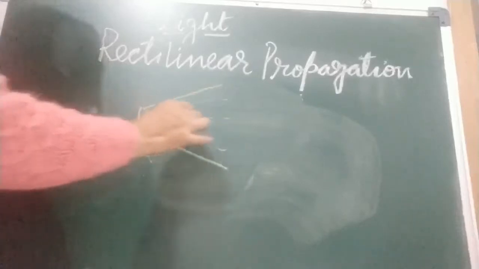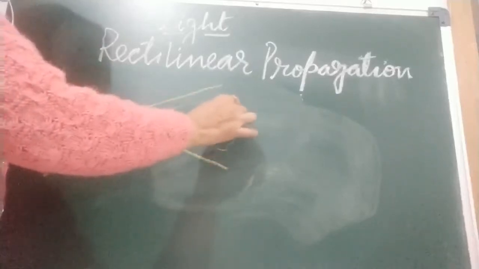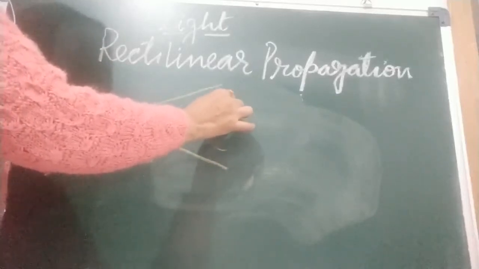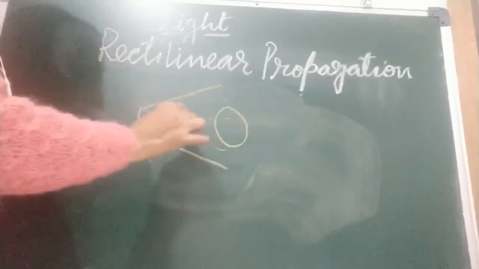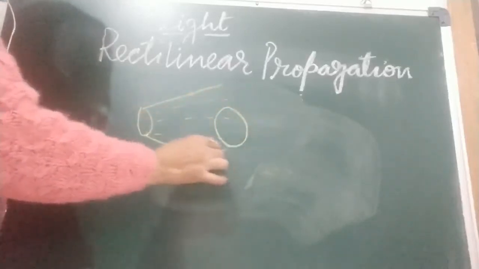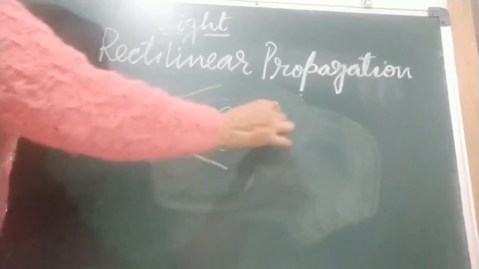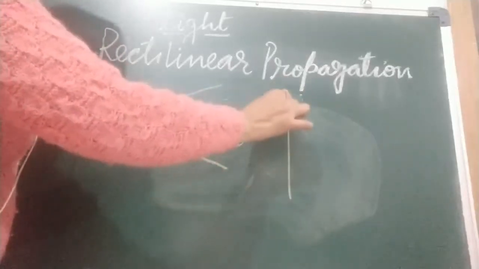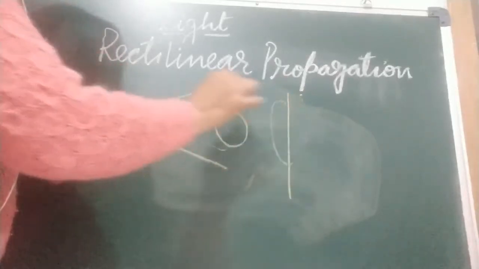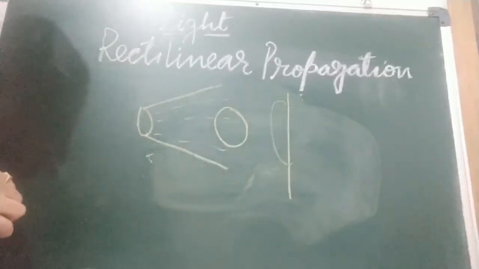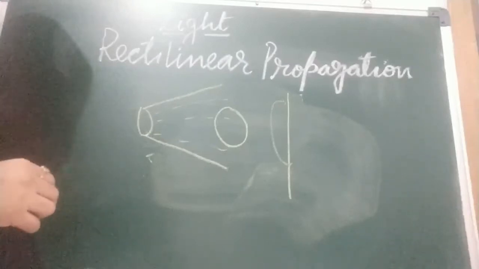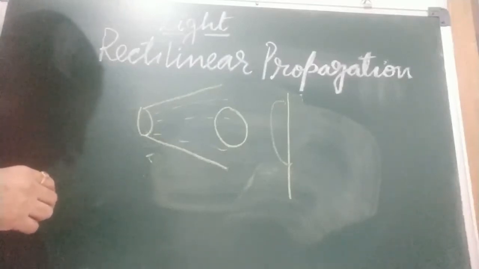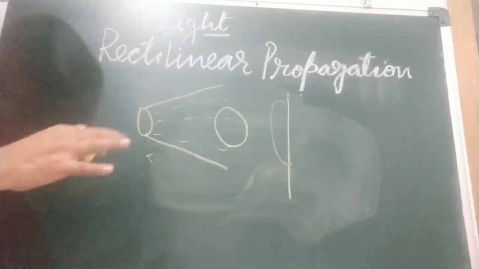Anything which comes in the path of this beam of light, suppose any toy or ball is there, you can see the shadow formed on the wall. Like if you place a toy in front of a lighted candle, a shadow can be seen on the wall.